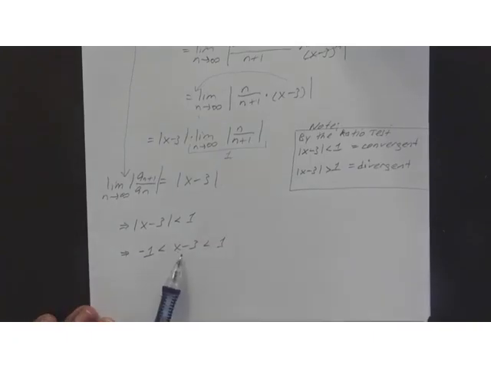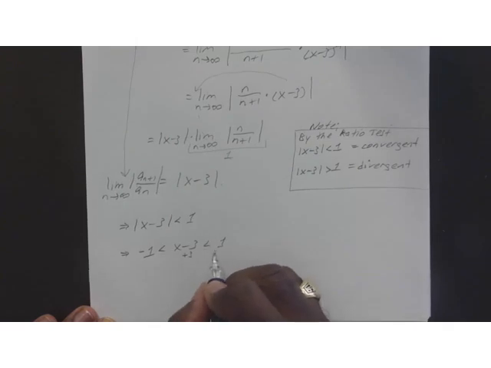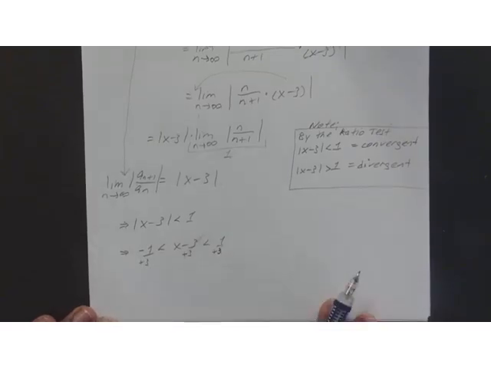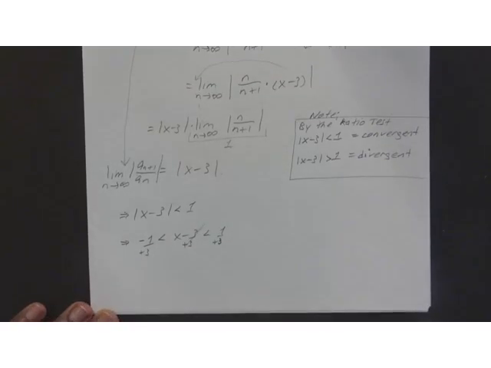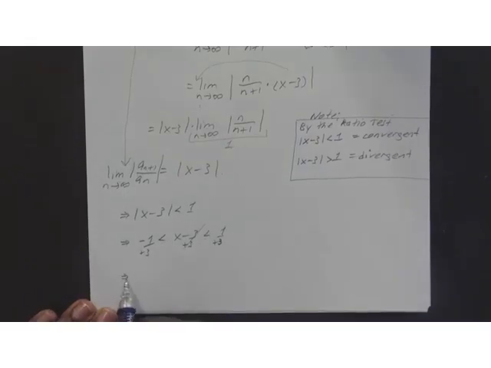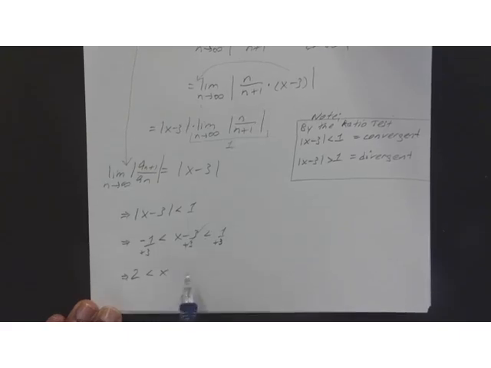So if we want to just isolate x, we just have to get rid of that -3. So we add 3 to each section. So -1 plus 3 is 2, is less than x, is less than 1 plus 3, which is 4.